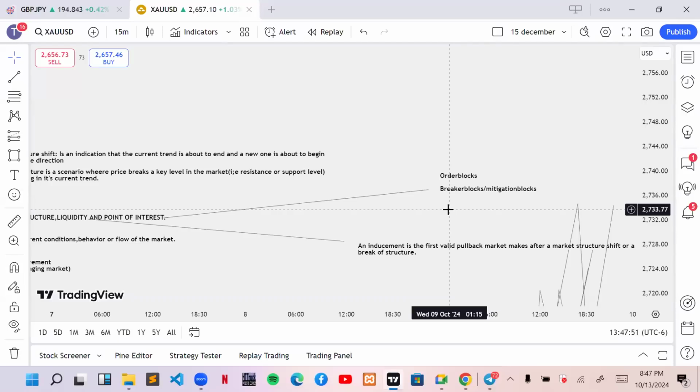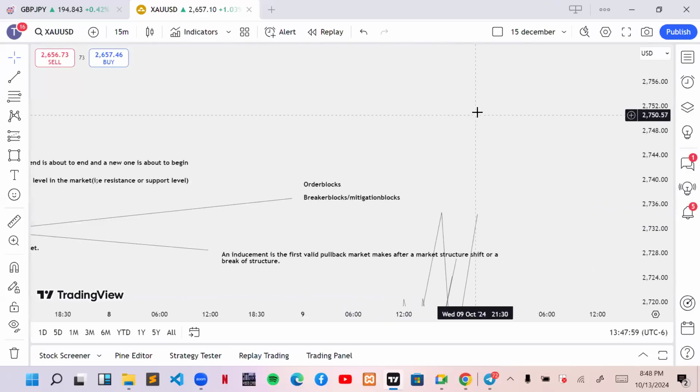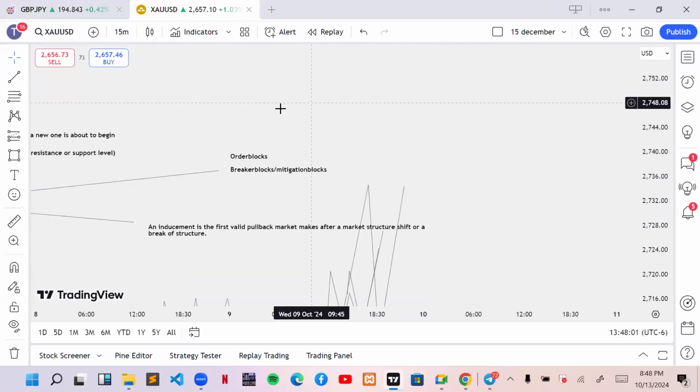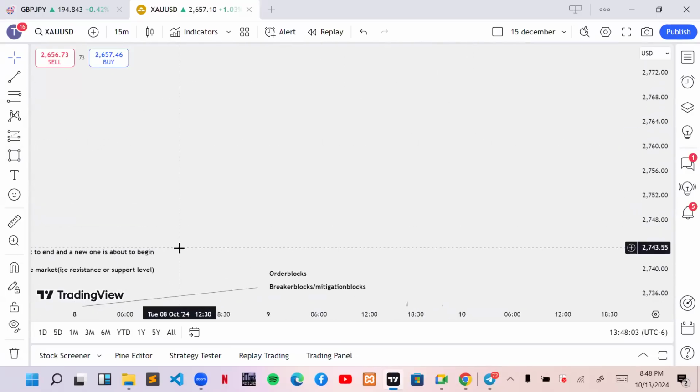So those places in the market where they place their limit orders, their buy and sell orders, are what we call order blocks. We have two types of order blocks: the bullish order block and the bearish order block. The bullish order block is for when you're looking for buys in the market, and the bearish order block is for when you're looking for sells in the market.